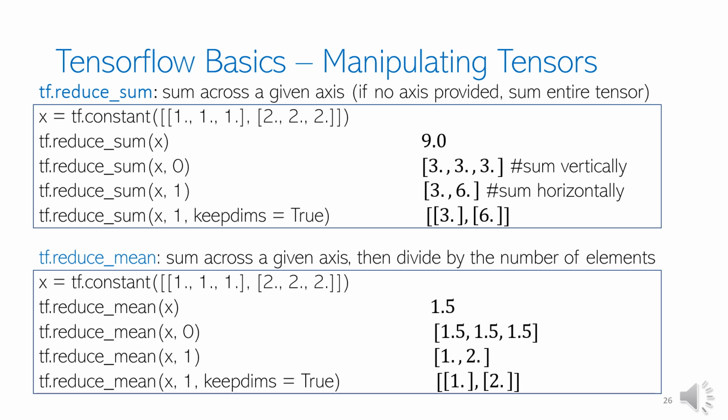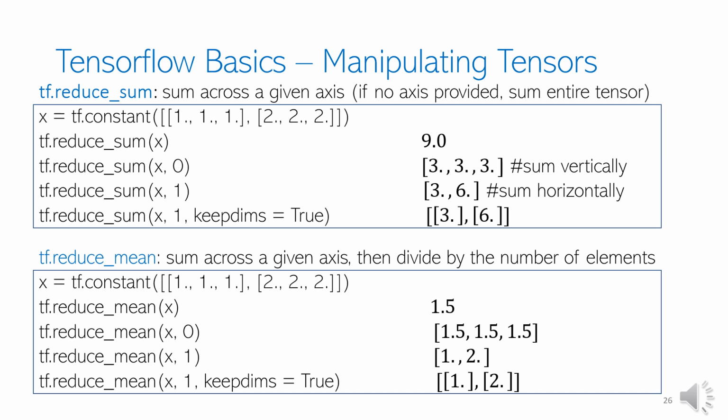However, if you specify an axis, for example, in the next line, we have specified axis 0, the sum will reduce axis 0. It will remove axis 0, or it will sum all the elements across axis 0. So at the end, as you see, you're getting a rank 1 tensor.